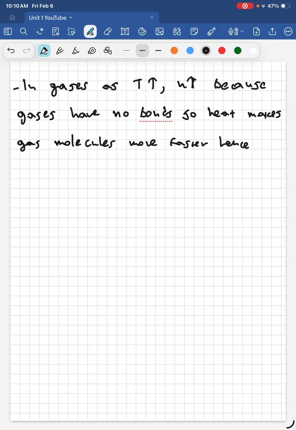Hence, we have more collisions, and viscosity increases.